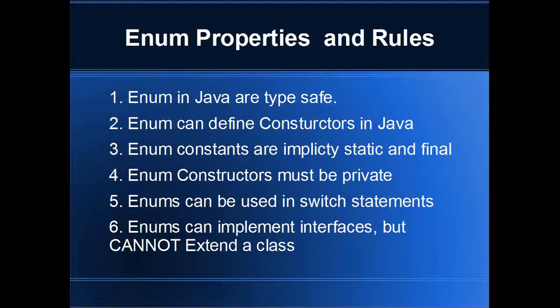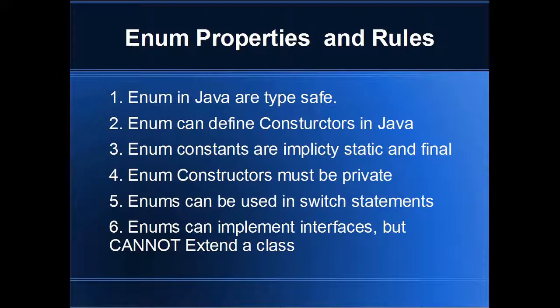Enum properties and rules. Enums in Java are type safe, meaning they are thread safe. You could run this in a thread and there won't be any problems. Enums can define constructors in Java.